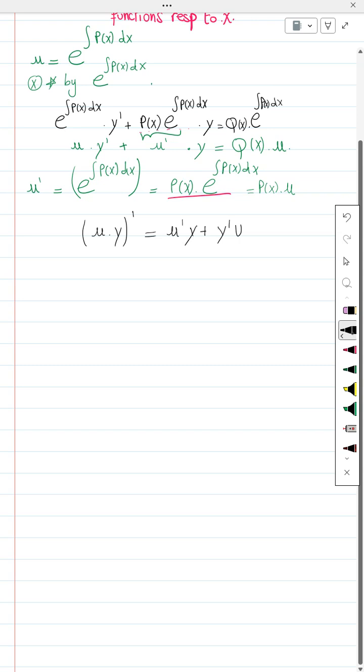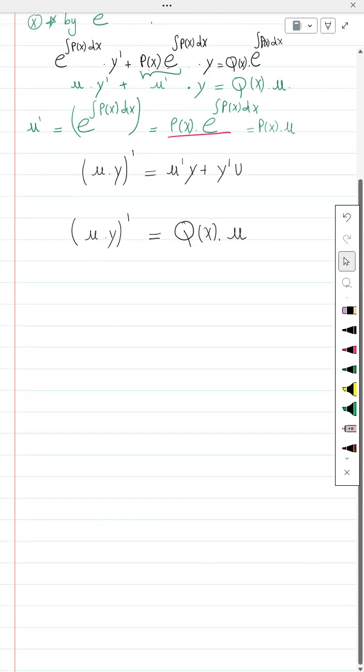So the derivative of the product of two functions is equal to q(x) times u. We need to obtain y since it is the solution of our equation. So by integrating both sides, we get u times y equal to the integral of q(x) times u.